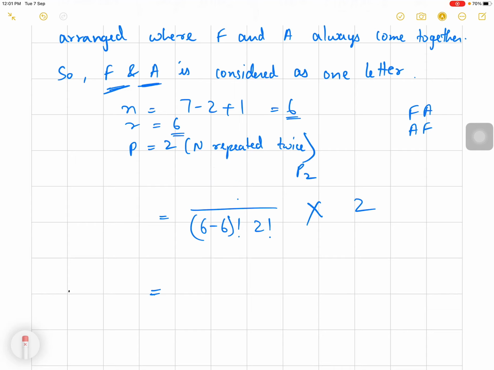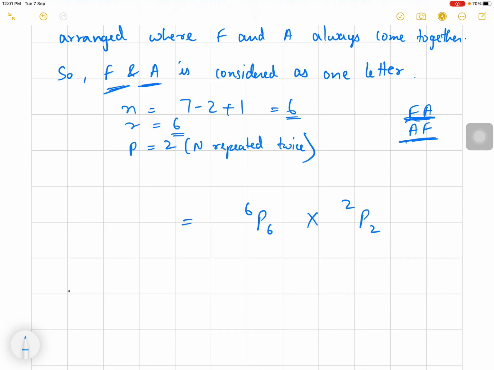Okay, let me write it properly. So the answer is 6P6 multiplied by 2P2, because FA can be written as FA and AF. 6P6 because N is equal to 6, R is equal to 6, and instead of P I'll write Q, Q is equal to 2.